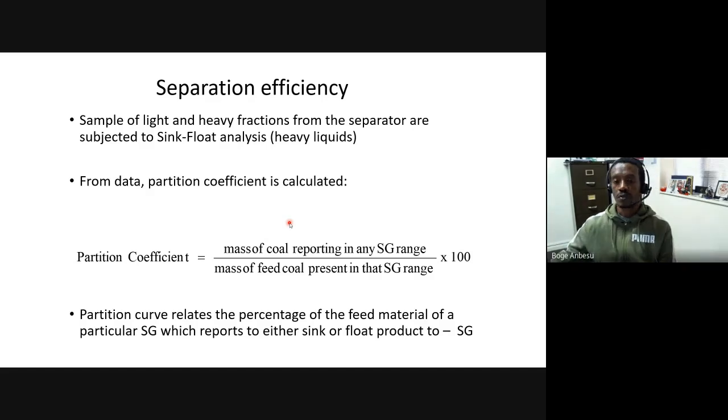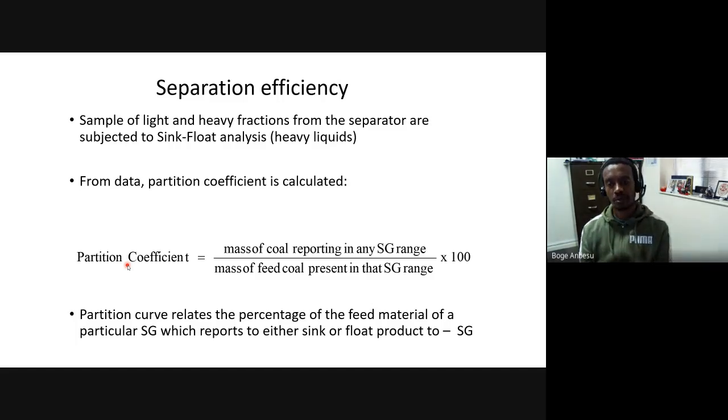In a hydrocyclone or in classification, particles were separated based on their size. In gravity separation or in sink and float, particles are separated based on their density. So we said in hydrocyclones, for any given particle size, we can see where that particle reports to. So for example, does it report to the underflow in comparison to the feed?